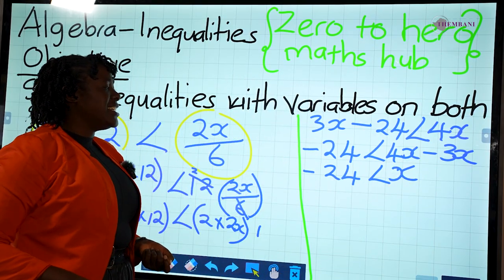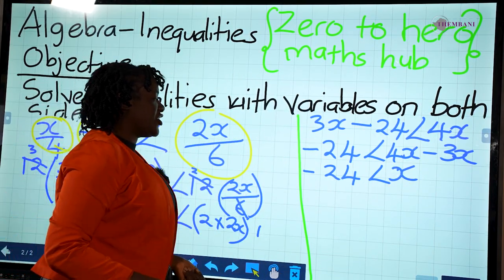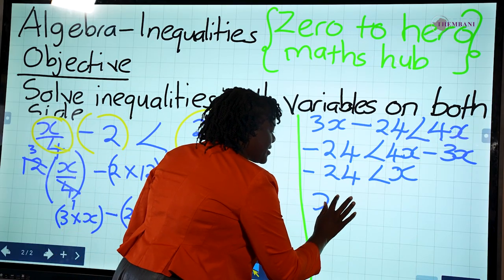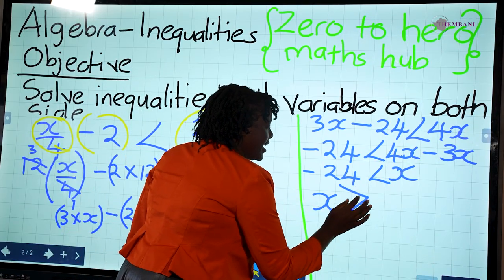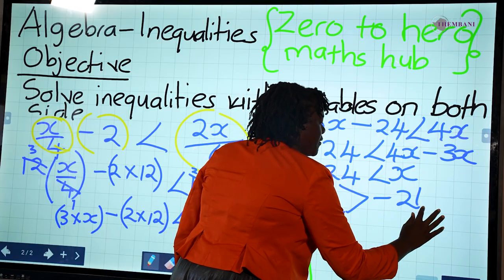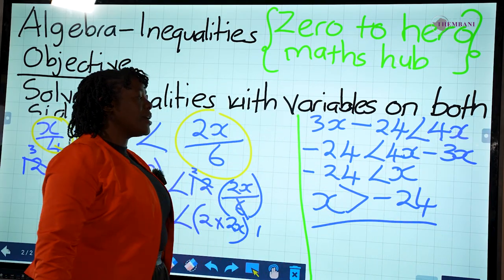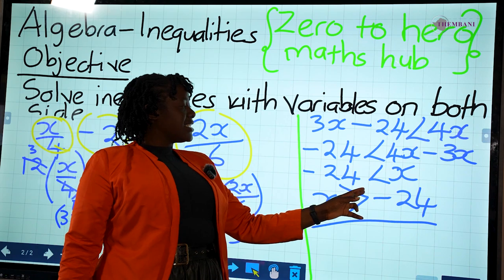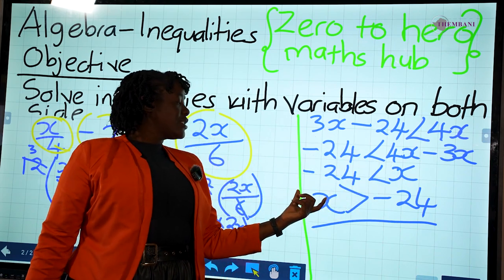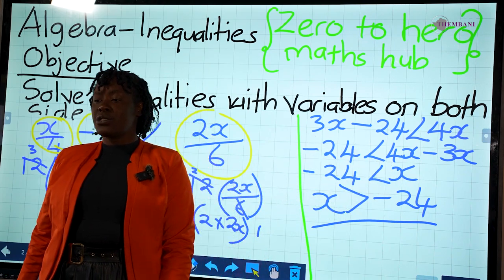But just to make it neater when writing for our presentation, we are going to say x is greater than negative 24. This will be our solution. Notice the inequality sign was facing x here. It's still facing x even in this context.